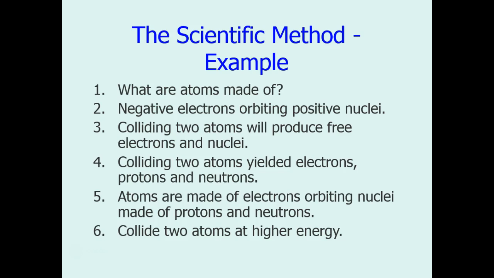This is called a fission reaction, and this is what the first atomic bomb was. They had a little bit more than half the mass here, a little bit more than half the mass here, and they had explosives around those.